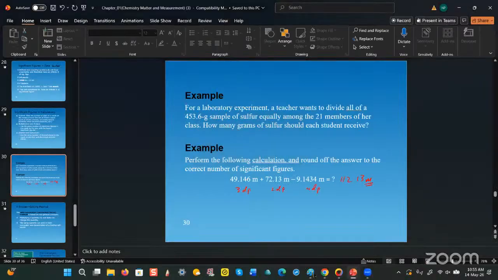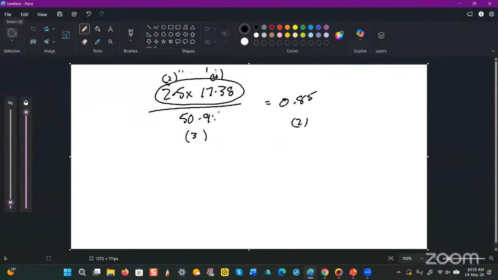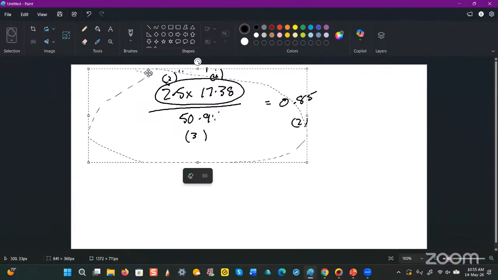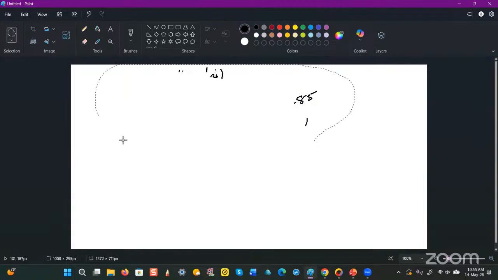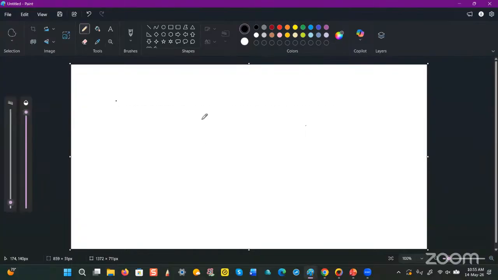So again, I'm going to make up an example to illustrate how to deal with that kind of situation. So let's say you are given something like 3.75 minus 2.55, and then divided by 3.49.